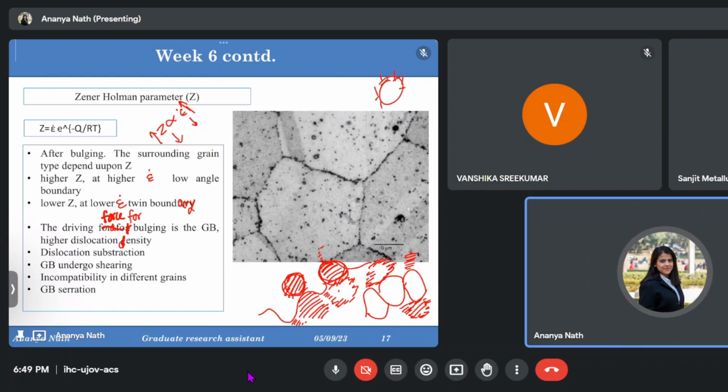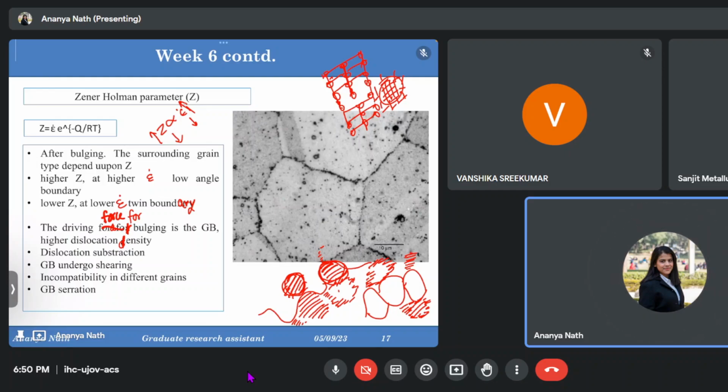The extra half planes are extra from one direction, but in the other direction they are connected with other atoms, they are having some lattices. Maybe they are extra at this plane, but in other planes other lattices are present.